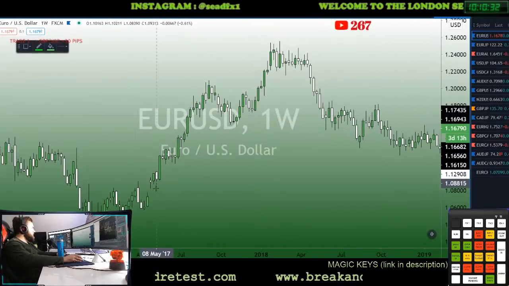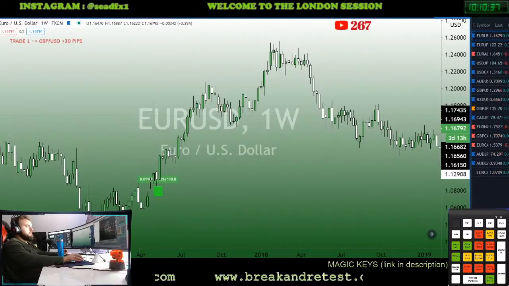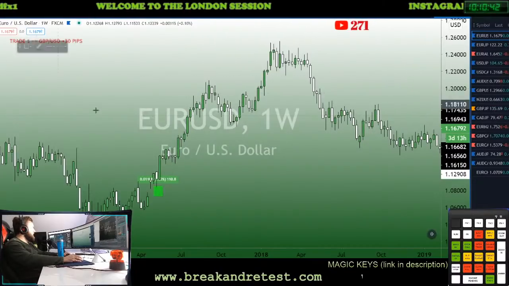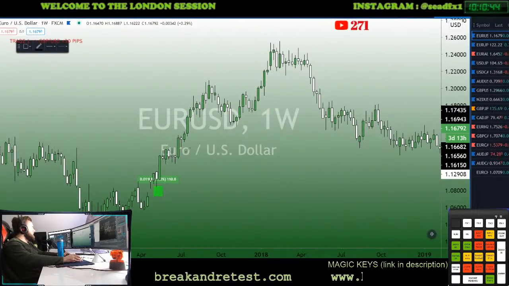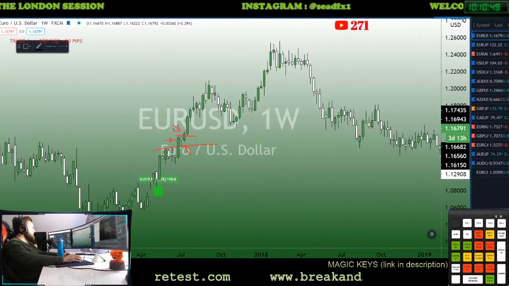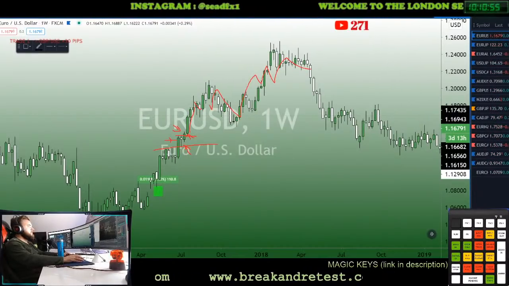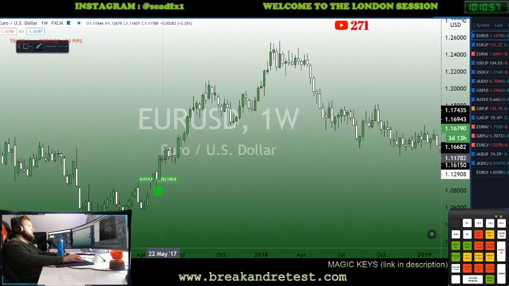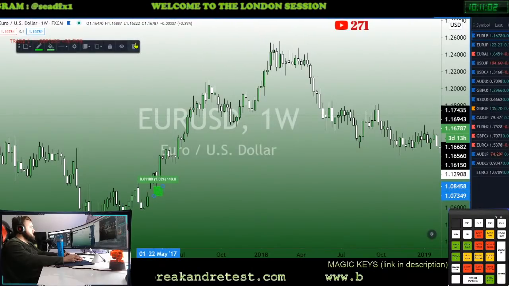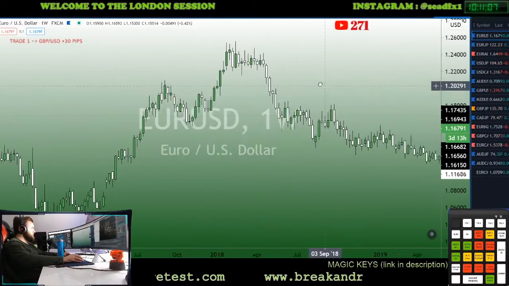This was the time when we had the elections. I think so. Wow. And look, we had consolidation, a breakout, a retest. A breakout, a retest. Continuation, some consolidation, a breakout, a retest, continuation. So it just formed an uptrend, and what you had to do was just go with the trend. That's the simplest thing that you could do.